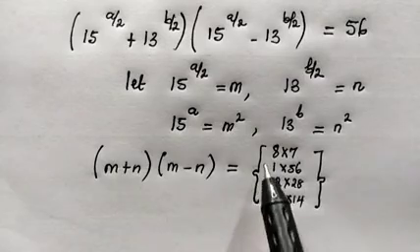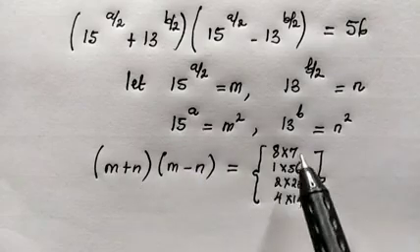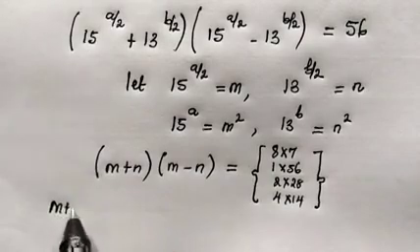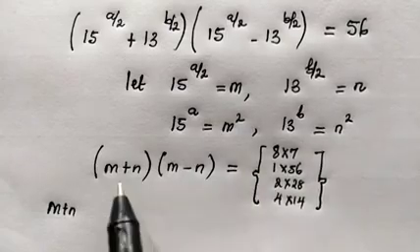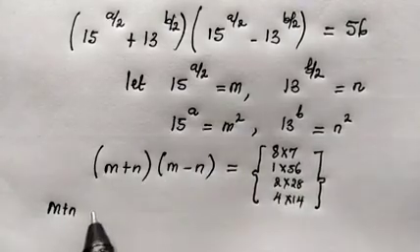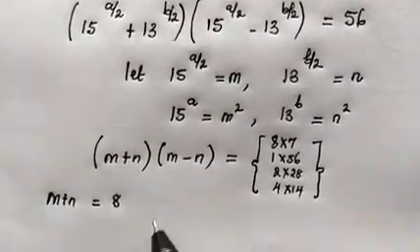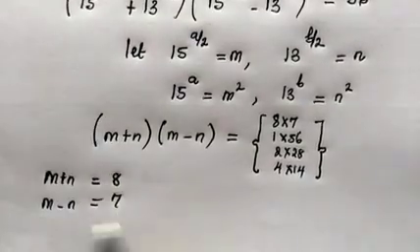So now, in our first case, we have m plus n multiplied by m minus n equal to 8 times 7, right? So here we know m plus n, for positive integers, must be greater than m minus n, right? Therefore, we're going to set m plus n equals 8, and then m minus n equals 7.